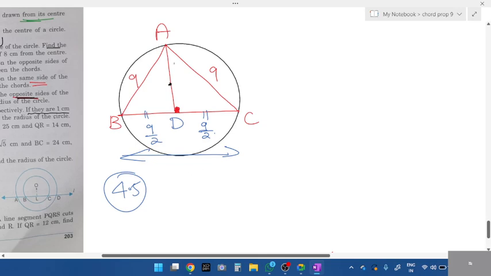Okay, 9 by 2 is BD. AD is a right angle triangle. BD is 9 by 2, AB is 9.